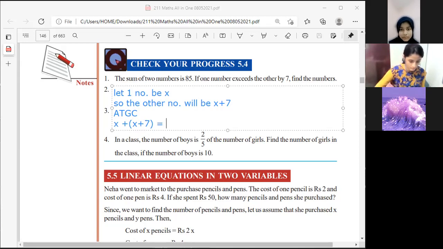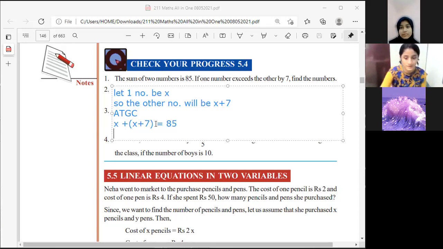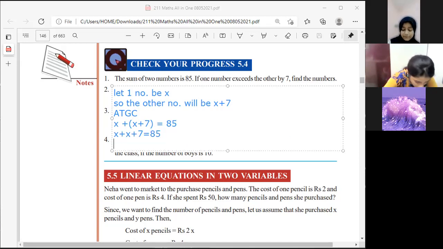If I add both of them, my answer should be 85. Am I right, beta? Is this the condition that is given to me? Yes. Okay, very good. Now, I will open the brackets. So what is the next step? What do I get? I get 2x plus 7 is equal to 85.